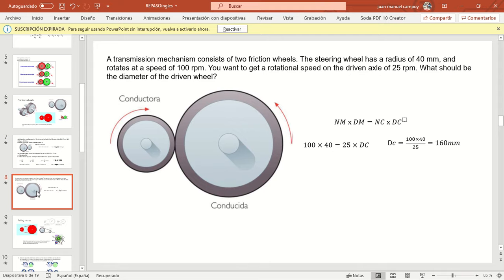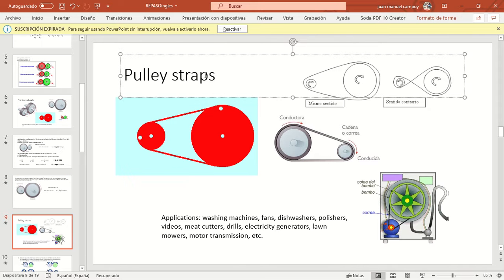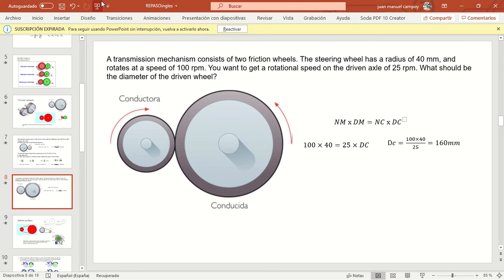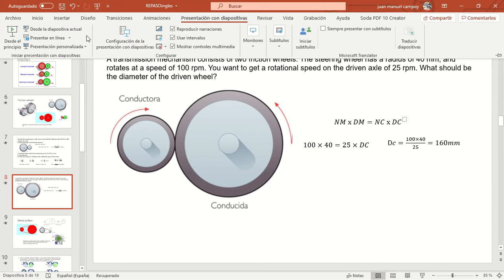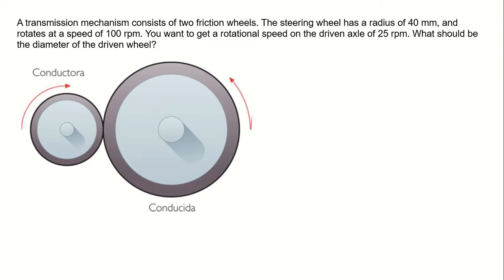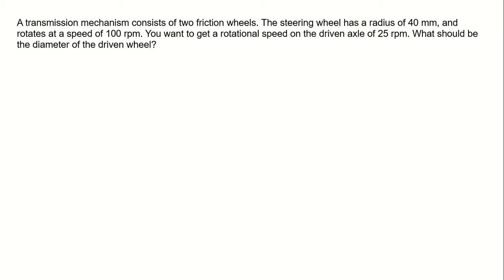Another one. Another example of this: this transmission mechanism consists of two friction wheels.